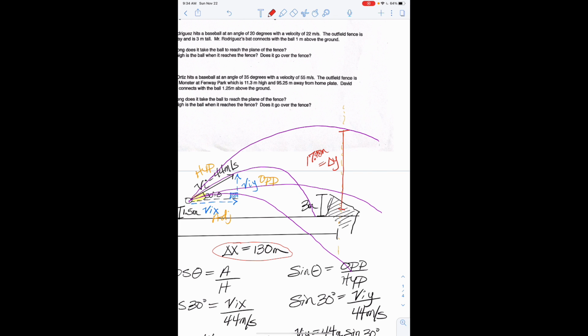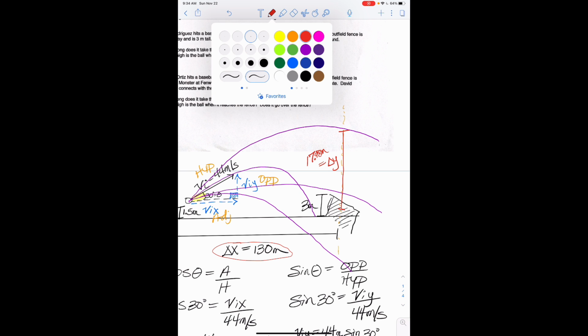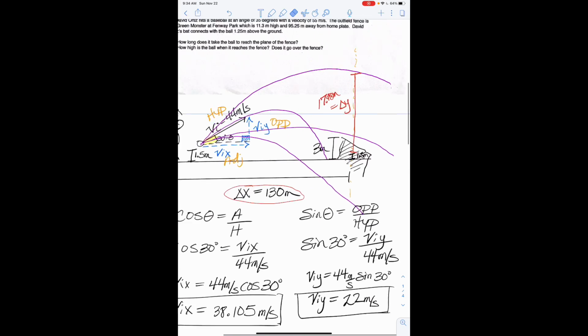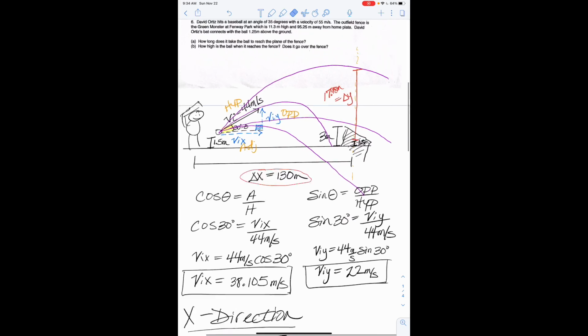And that this distance right here, let's just go with black again, right here at the bottom, if you can see me writing, this is 1.5 meters. So our final answer is going to be 17.98 plus 1.5, which, what is that? Is that like 19.48? It's going to be 19.48 meters for y final.